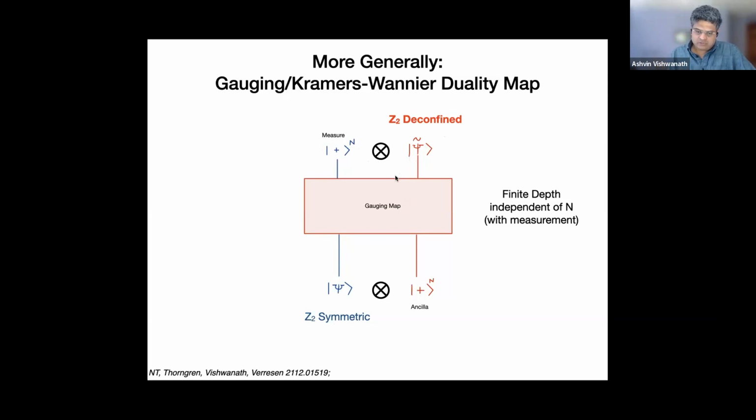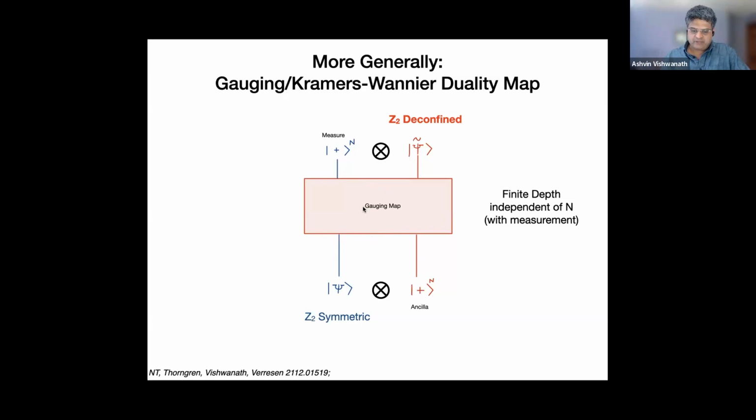Okay, so this is sort of a more general engine, if you like. If you started with the simple paramagnet, all the spins pointing along the x direction, you get the fixed point wave function of the toric code, but actually it could be anywhere in the Z2 symmetric phase. Ultimately, it'll give you a Z2 deconfined wave function. Okay, so this is a more general kind of map.